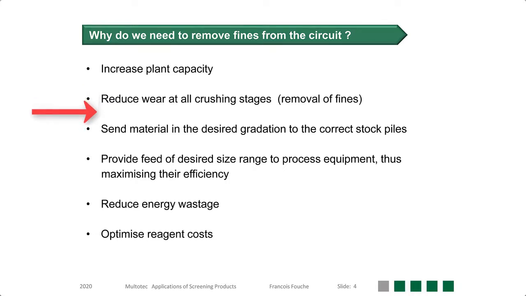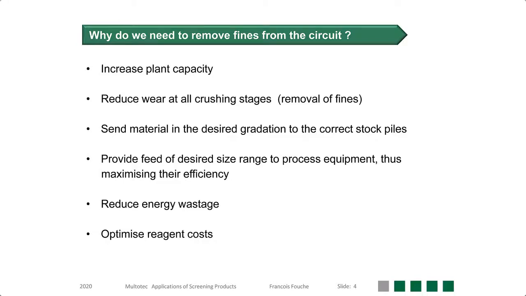Consider that you sell stockpiles of iron ore or coal, and there are misplaced fines captured in these stockpiles, and consider the penalties that go with this, even more reason to remove fines from the process. We know that process equipment is sized to be efficient within a certain particle size range.